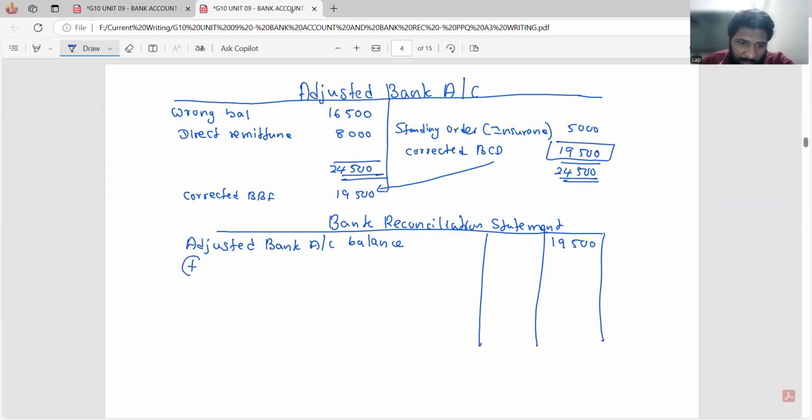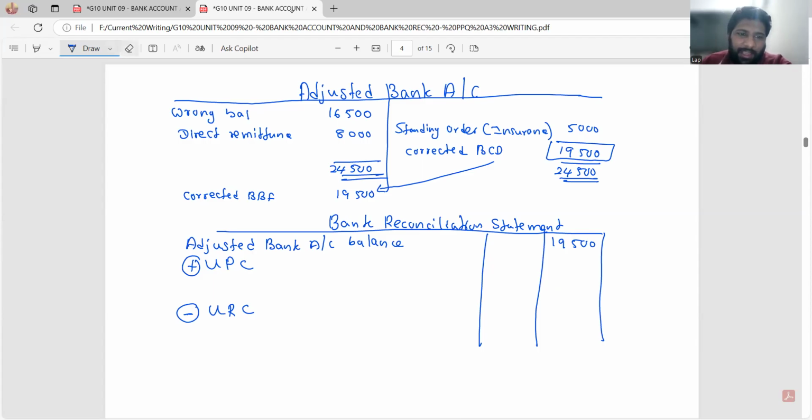There is something you have to add, there is something you have to reduce. Remember, plus the P, reduce the R. P means unpresented checks. R means unrealized checks.